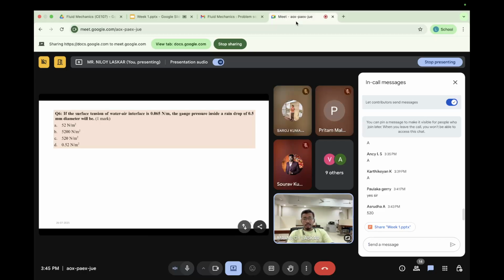So basically in a liquid, this is based on the phenomenon of surface tension.